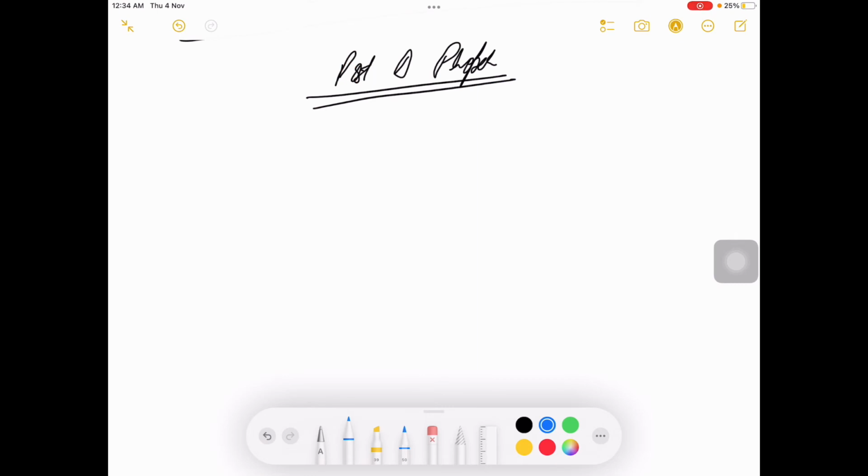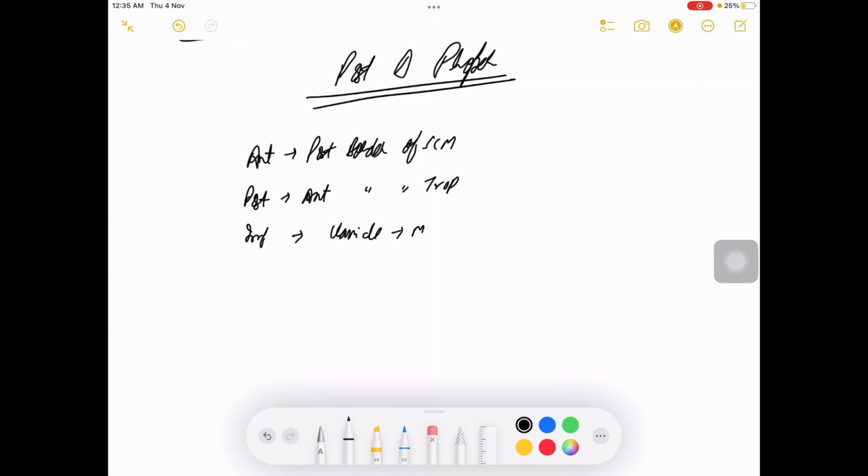So let's write down the boundaries that I just explained in the diagram. Anteriorly, posterior border of sternocleidomastoid, posteriorly anterior border of trapezius, inferiorly clavicle, but which part of the clavicle?